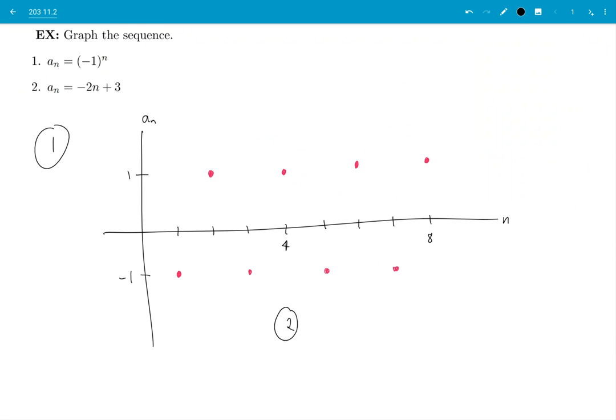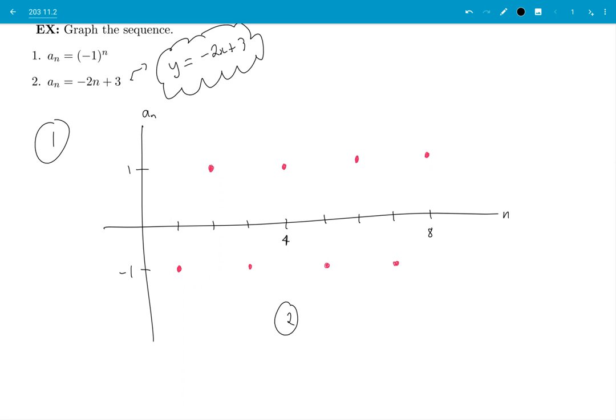For 2, I'm thinking about this line y is equal to -2x plus 3, and that's what I'm thinking about to guide me here. Now, what does that look like? Let's give ourselves some space here.